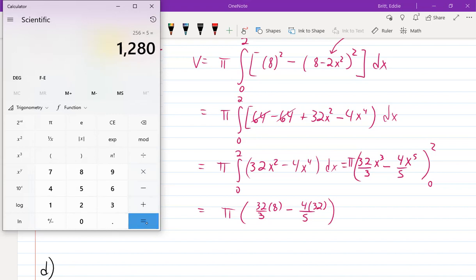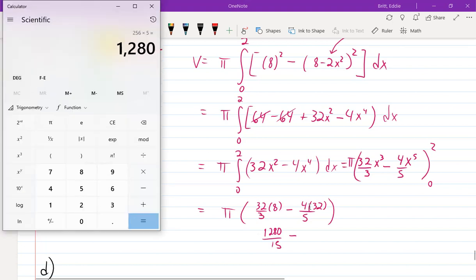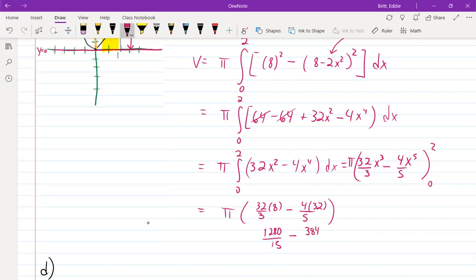All right, so 1280 over 15 minus, and now I'm going to take this 4 times 32. All right, and then 5 would go into 15 3 times, so I'm going to say this times 3. That's 384 over 15.